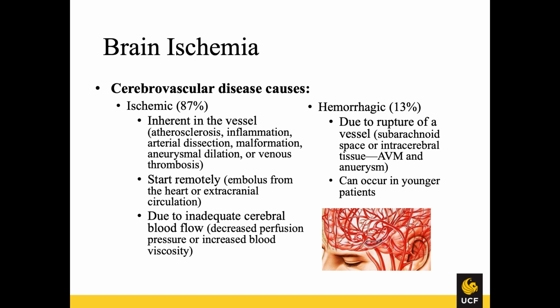And probably the classic example of an embolism that can result in ischemic stroke is someone with atrial fibrillation who develops mural thrombi. They throw off those mural thrombi, and the mural thrombi get lodged into one of the cerebral arteries, causing a massive stroke. So that is an embolus or embolism example. And then the other cause of ischemic stroke can be inadequate cerebral blood flow, which results from decreased perfusion pressure or increased blood viscosity.